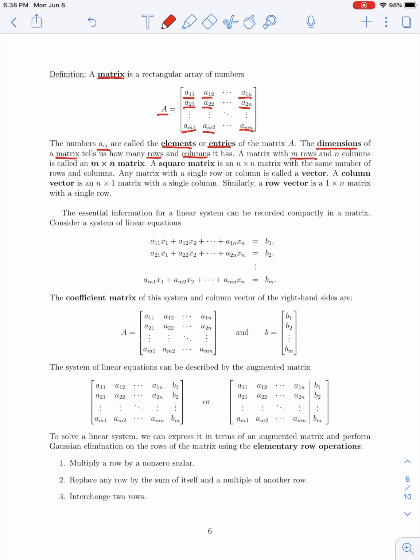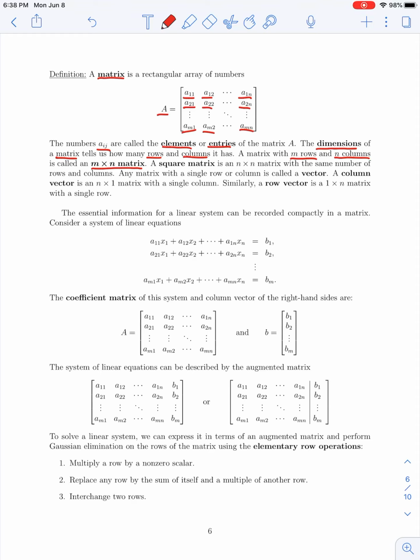So any matrix with m rows and n columns is said to be an m by n matrix. The first dimension, m, is the number of rows, times n, the number of columns of that matrix.